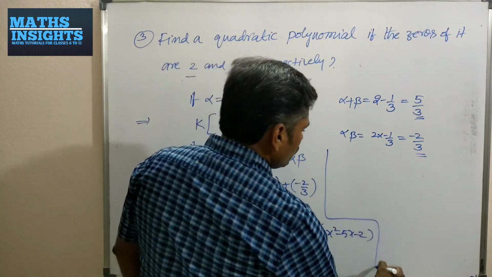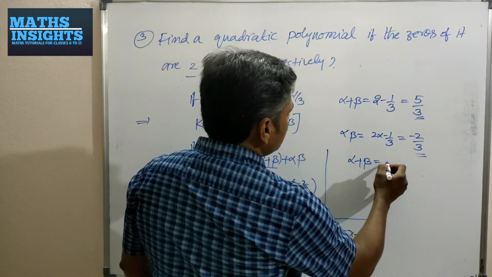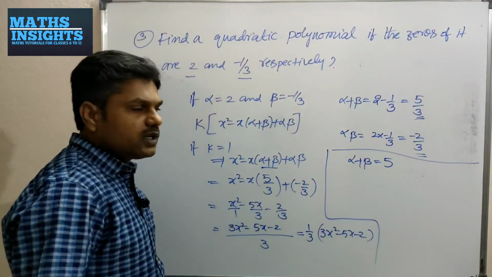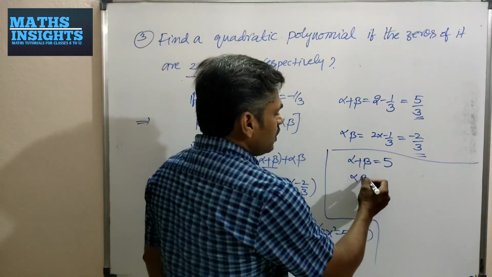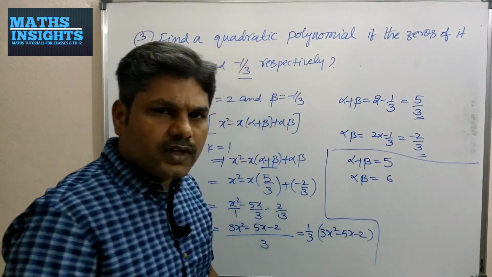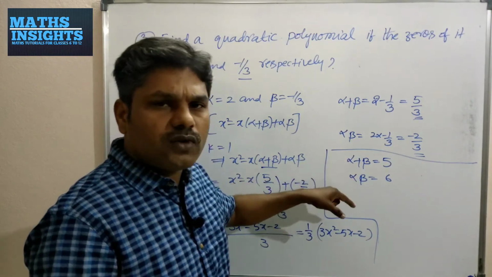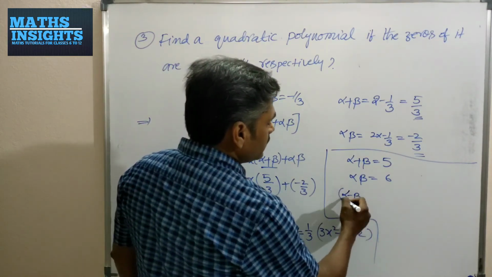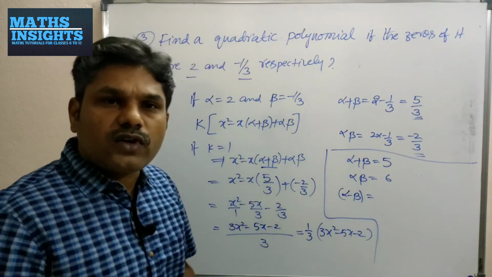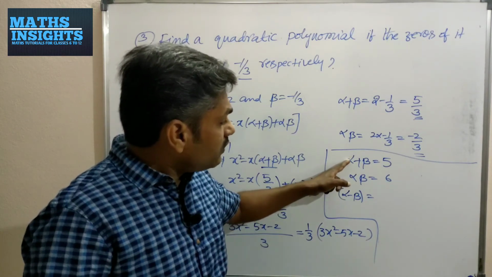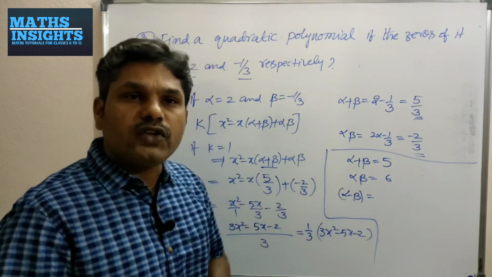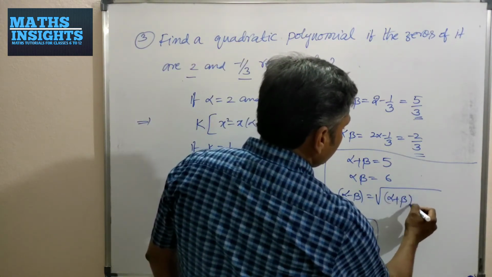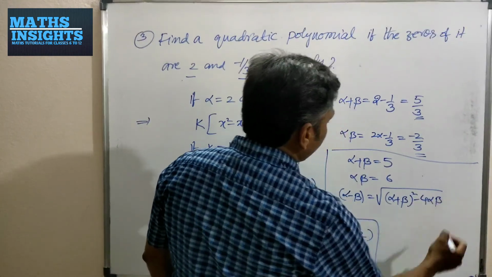Sometimes they will give you the sum of two roots, let alpha plus beta be equal to 5. This is a different concept, and you will also know alpha into beta, suppose 6. Then you may find individual alpha and beta. First, calculate alpha minus beta. You know how to calculate alpha minus beta when you know the values of alpha plus beta and alpha into beta. That is the square root of (alpha plus beta) whole square minus 4 into alpha into beta.